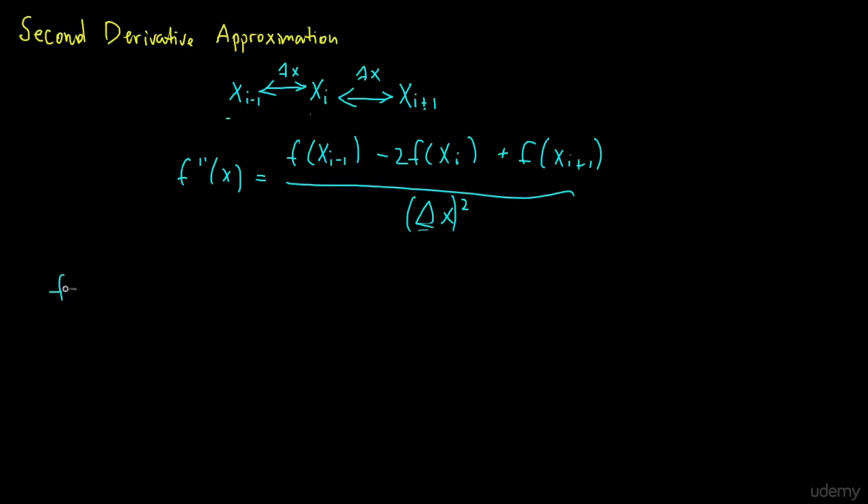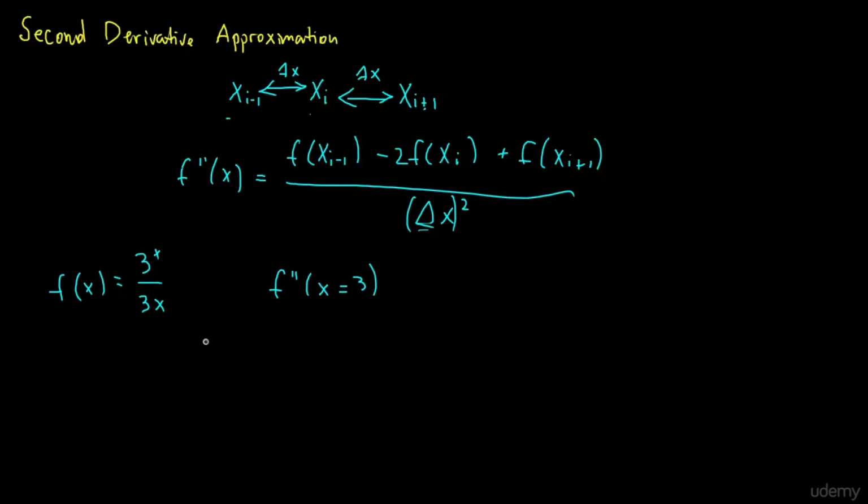So let's imagine that we have a function defined as follows. Let's have a function 3 to the power of x divided by 3x. Let's suppose we want to find the second derivative at a point x equals 3. First of all, I can just tell you what the actual value is, because we can get an analytic solution.